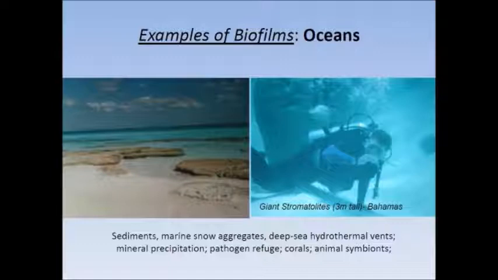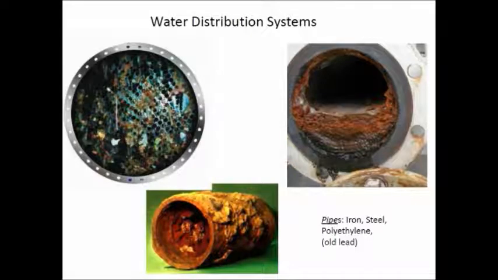But in addition to these giant dramatic macrostructures, we also see that in oceans they are involved in things like sediment cohesion, marine snow formation, the deep sea hydrothermal vents and the bacteria that live there, mineral precipitation, pathogens, and also things like animal symbionts, very important in those processes.